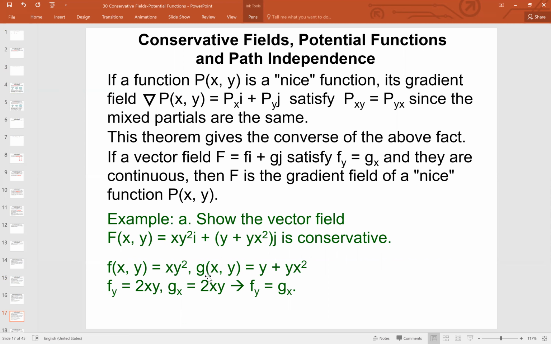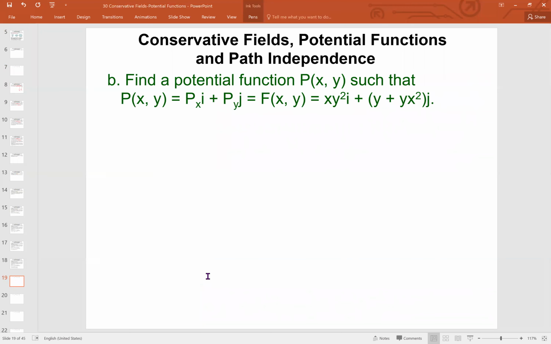Now, how do we find the potential function? We do it by integration, going backward. We're going to find a potential function whose gradient field is equal to this vector field F. We'll go backward like this. xy squared for the i component must have come from the partial with respect to x.